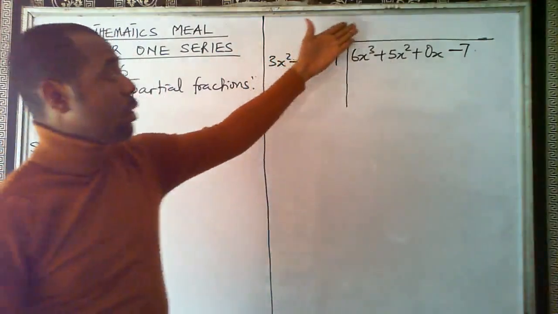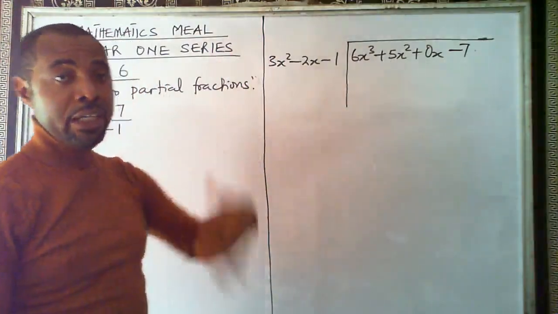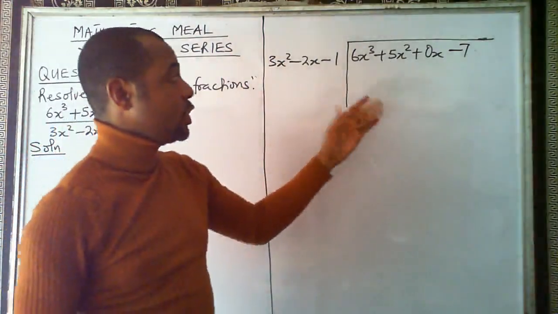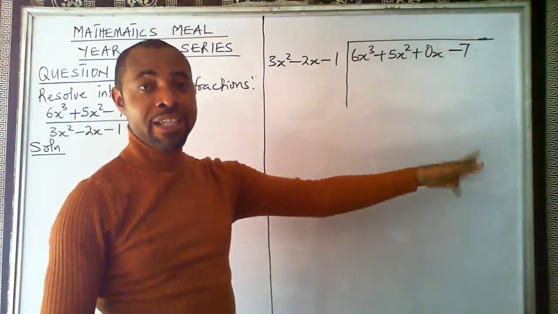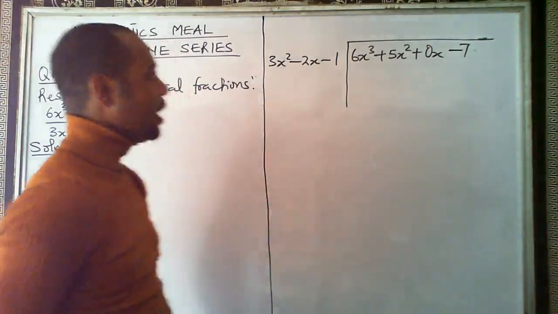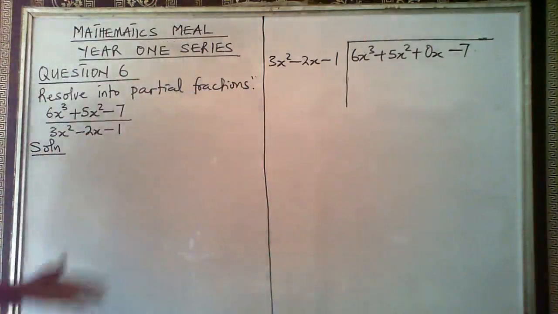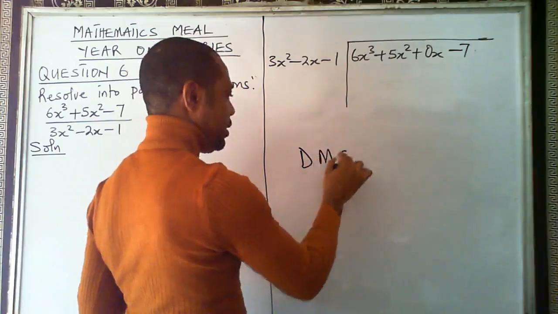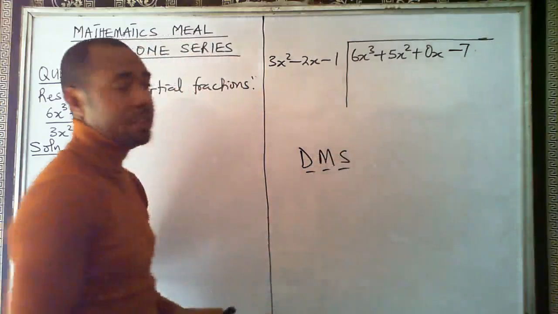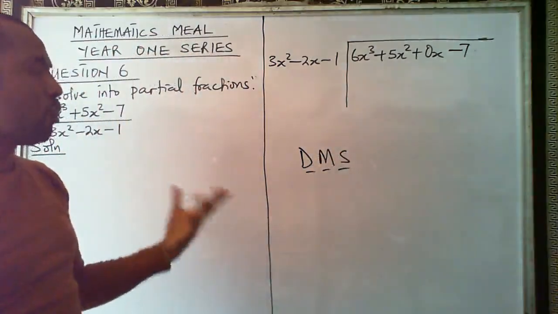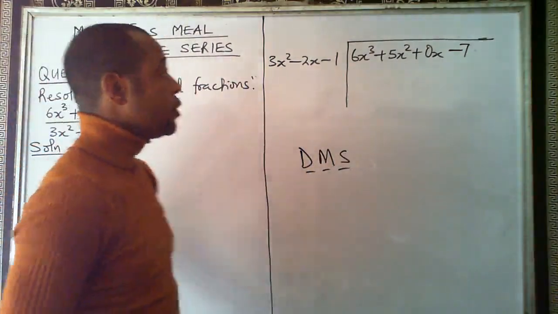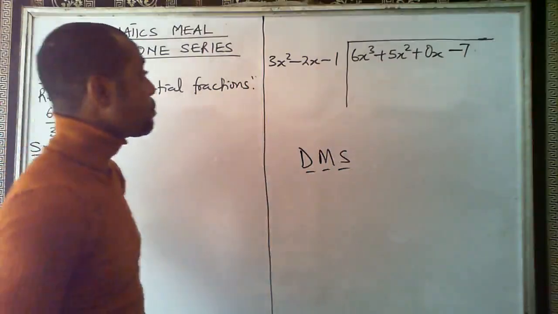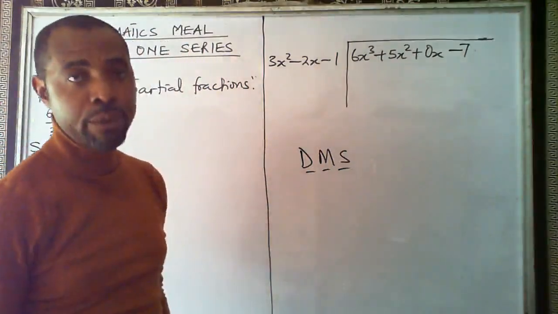The answer we get at the end of the day is the quotient, and what is left over is the remainder. In division of polynomials, what we do is DMS: we divide, we multiply, we subtract. Just like we do in long division when dealing with numbers only.